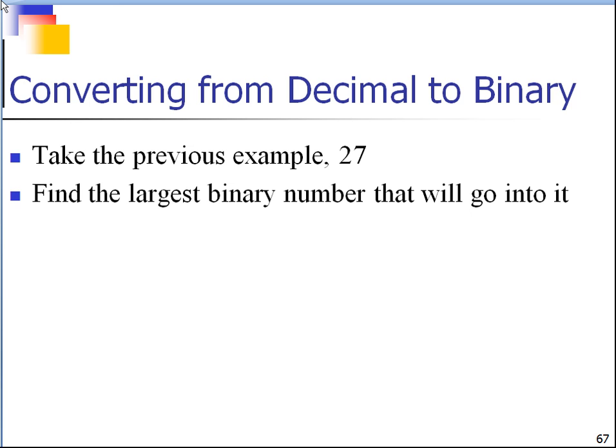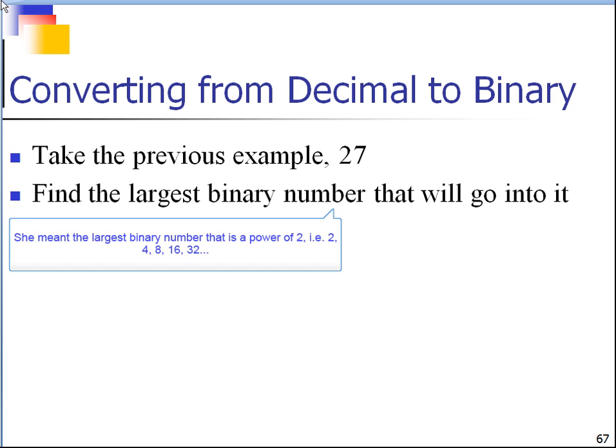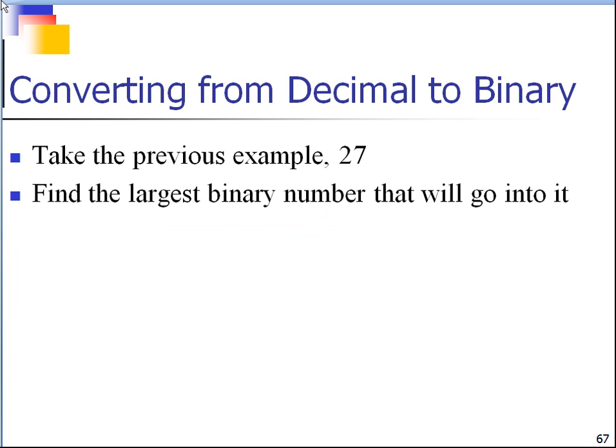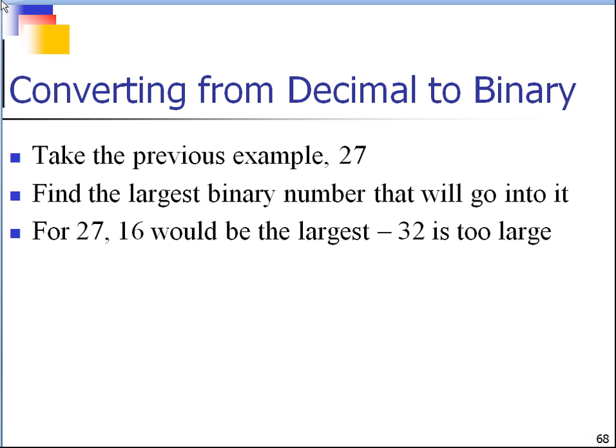What you do is find the largest binary number that will go into it as an integer value. It's a little bit of trial and error, actually. Except, if you did 64 integer division, you would get a 0 and it would work out okay. Just a suggestion. But in this case, 16 would be the largest because 32 is too large.